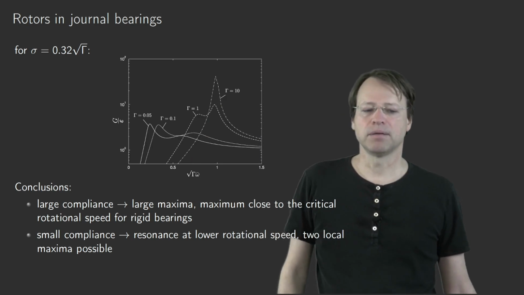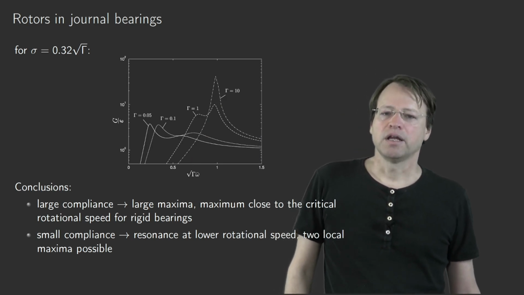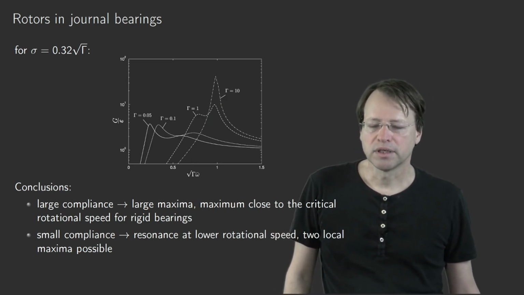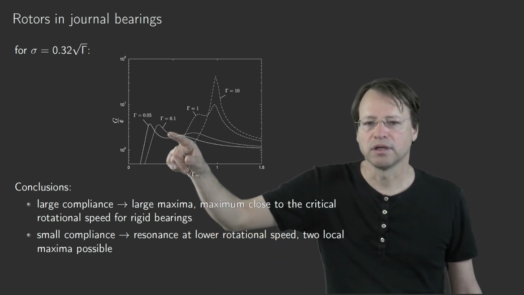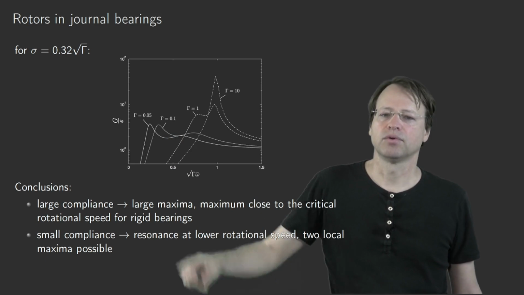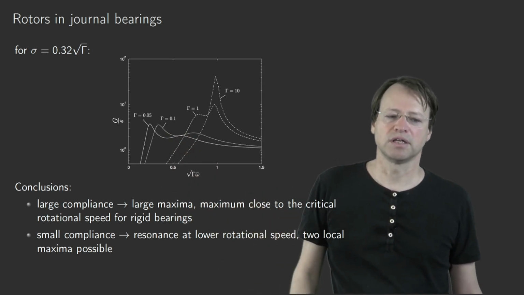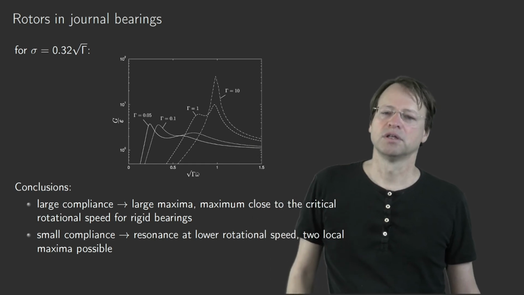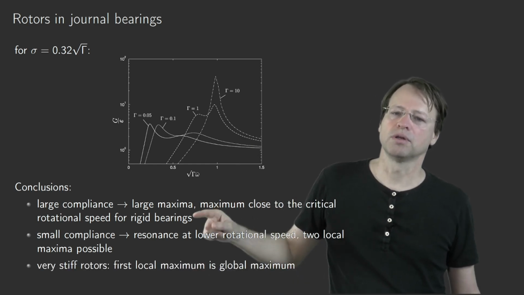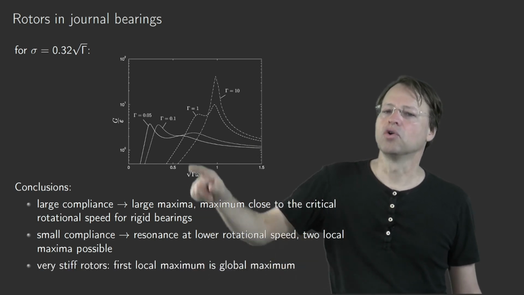So a kind of thing one has to pay attention to, but it is not, of course, as dangerous as these large amplitudes here. And for very, very stiff rotors, it's a little bit difficult to see here for these values because there seems to be a slight peak, but you can see that for the two cases, the first local maximum is also the global maximum.